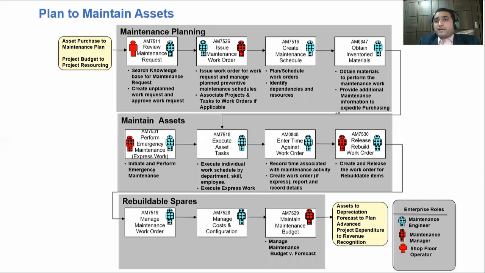And then forecast to plan advance means, see, whenever you are planning any preventive maintenance, or wherever there is any breakdown on a particular machine, your planning system needs to know that there is a breakdown. Planning system means your supply chain planning system, which is planning your manufacturing.